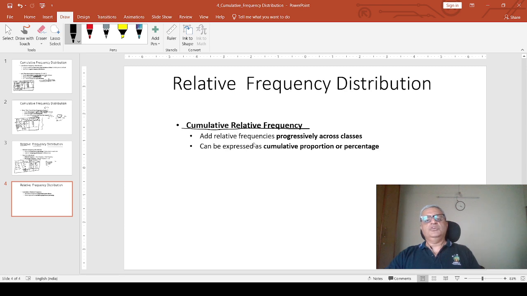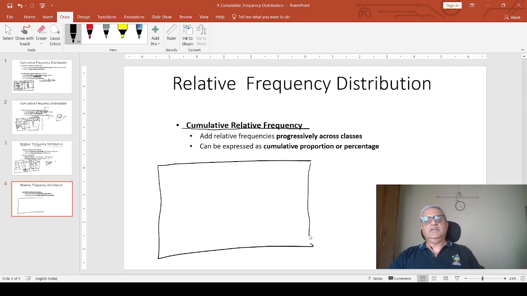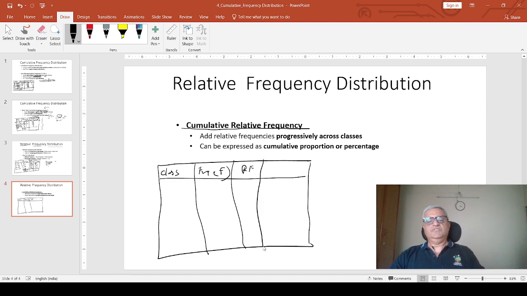Let's move on to the next. Okay, so similar to cumulative frequency, we can also calculate cumulative relative frequency. Let's see how we can calculate that. So we'll take another same toy example. So we have class, we have frequency F, and we have RF, which is relative frequency, and this is cumulative relative frequency. So 10 to 20, 20 to 30, 30 to 40, 40 to 50.